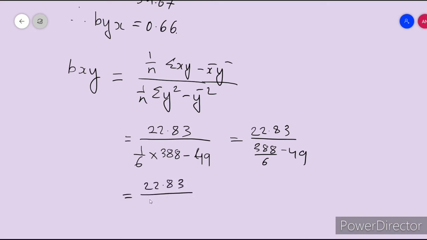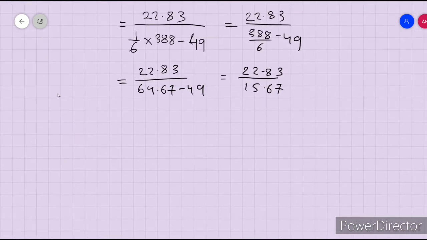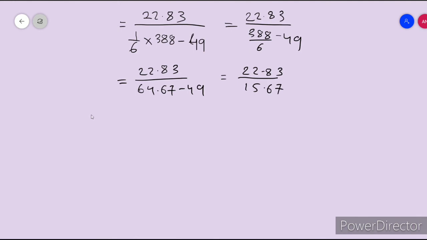This gives us 64.67, subtract 49, which is equal to 15.67. So 22.83 divided by 15.67, and your regression coefficient of x on y is 1.46.